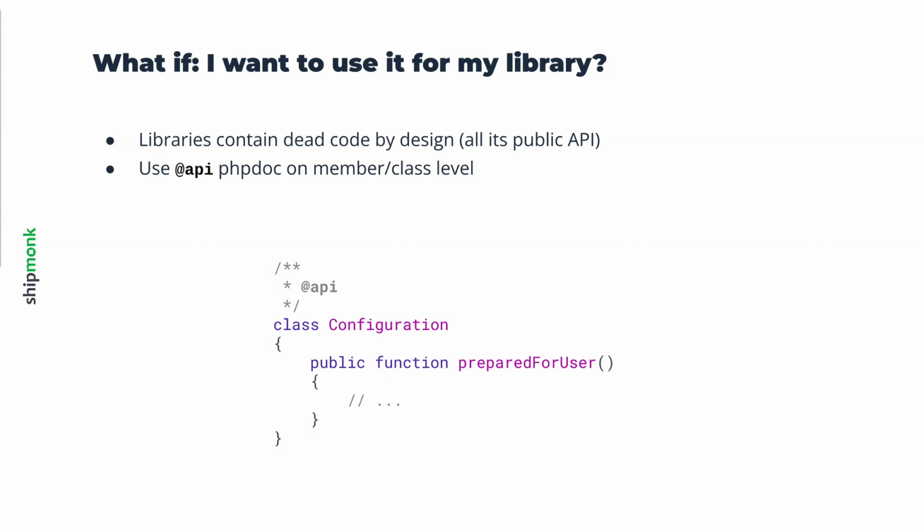For that, we have support of the API annotation, which is starting to be used in PHPStan and Rector and those kinds of modern libraries. So we added support for it, and it's been proven to work very well, because even PHPStan itself is using our library, and the API annotations were already there, and it was working flawlessly.